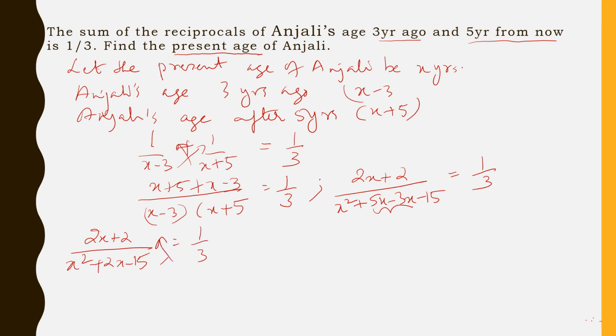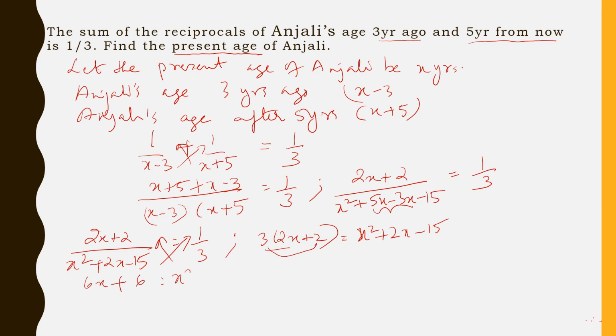Now cross multiply. Now what will happen? 3 into 2x plus 2 will be equal to 1 into x square plus 2x minus 15. Open the bracket. 3 into 2x is 6x. 3 into 2 is 6.